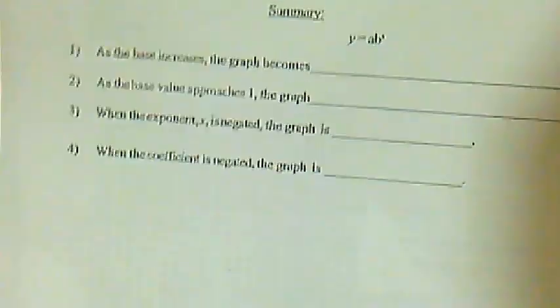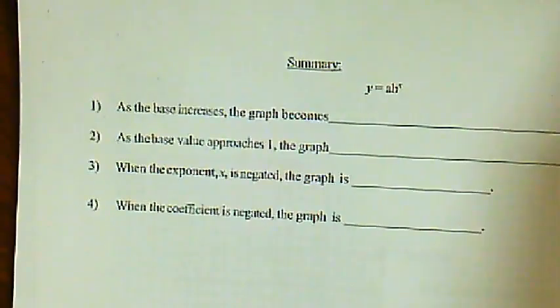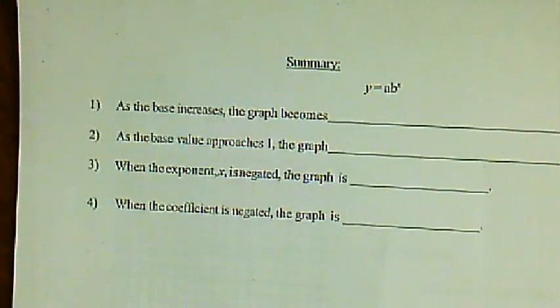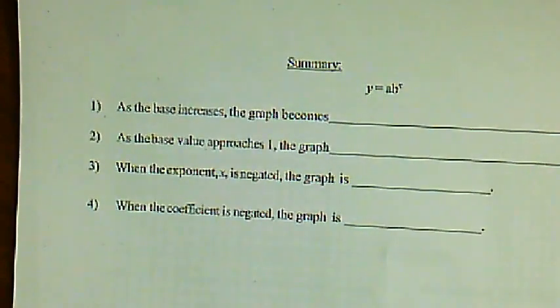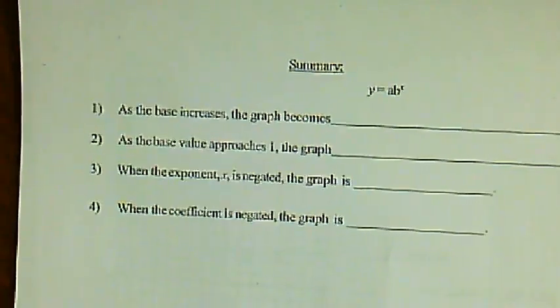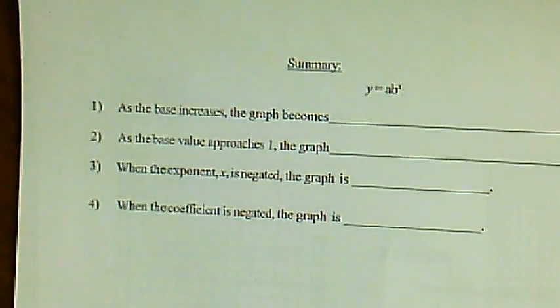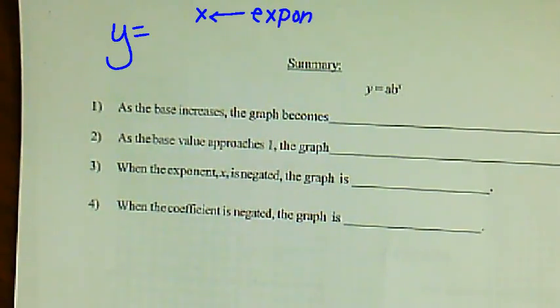Alright, so just to summarize what we've done for the past 2 days and how these graphs transform. Okay, so first let's point out what all of these things are. I'm just going to rewrite it a little bit bigger over here, with these different colors. Okay, so x is always going to be our exponent.